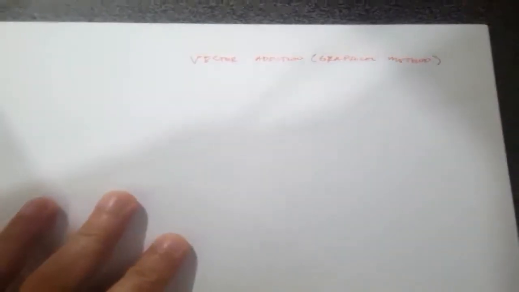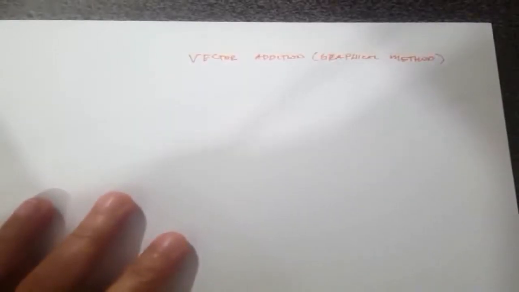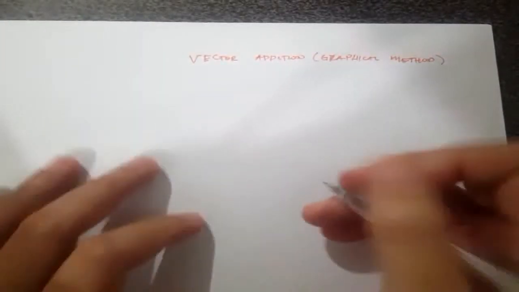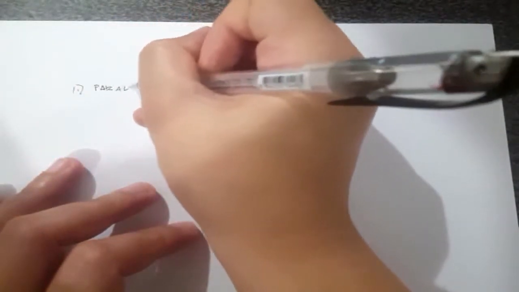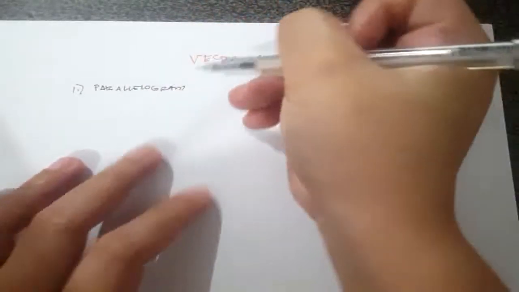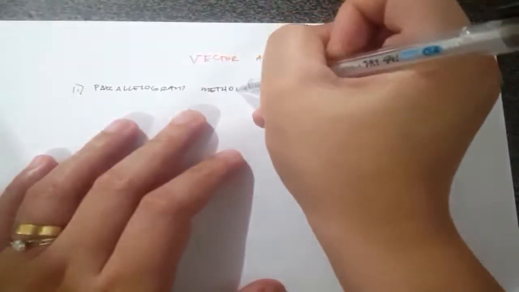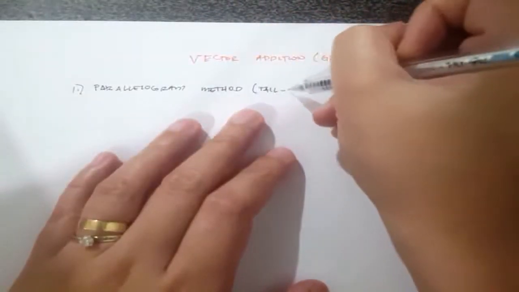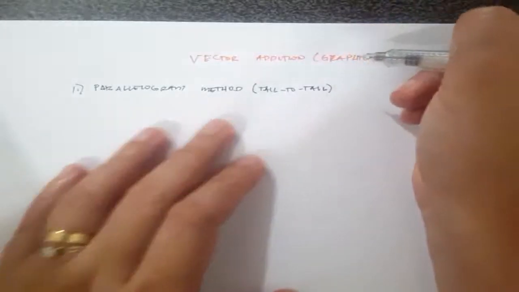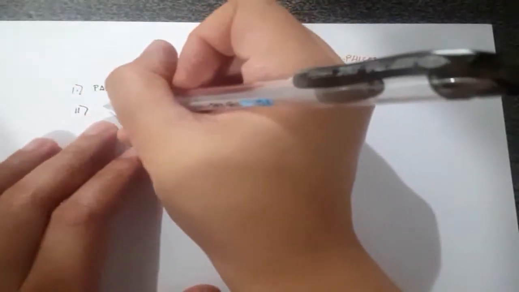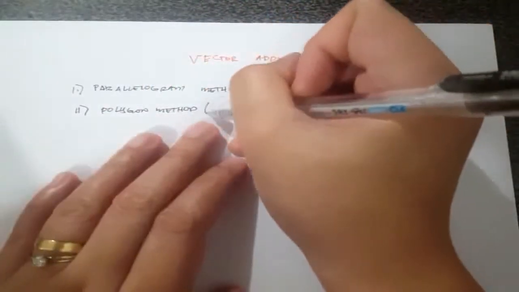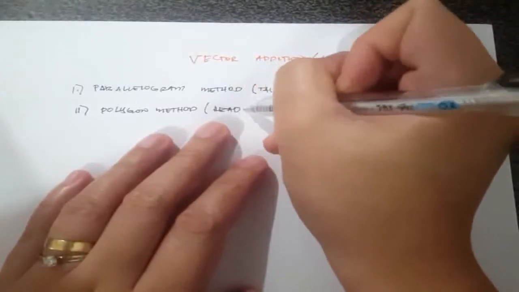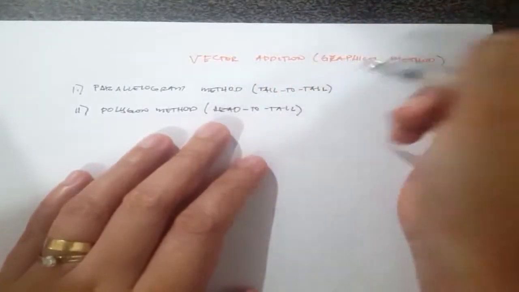Once again, we have two main methods. First, the parallelogram method, or what we call the tail to tail method, and the other one is what we call the polygon method, or head to tail method.